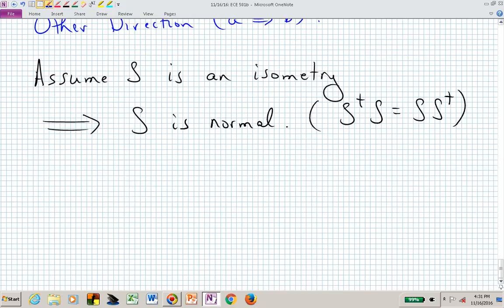But we learned something back when we were talking about spectral theorems about normal operators.